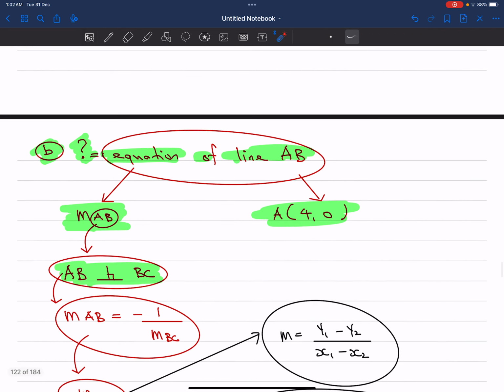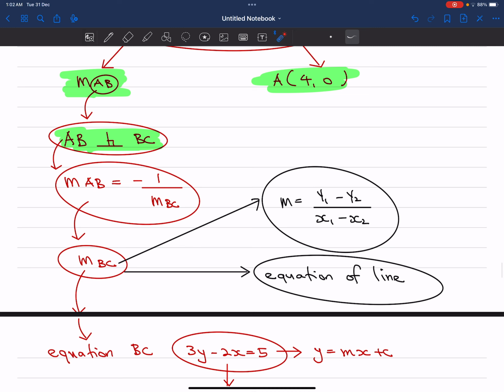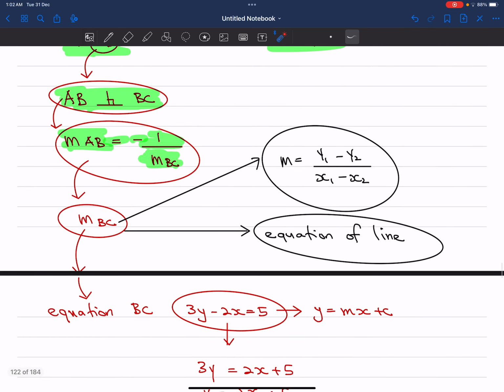And we know from our notes that when two lines are perpendicular, the gradient of one line equals negative 1 over the gradient of the other line. So here, gradient of AB is negative 1 over gradient of BC. So in order to find gradient AB, we need to find gradient BC.